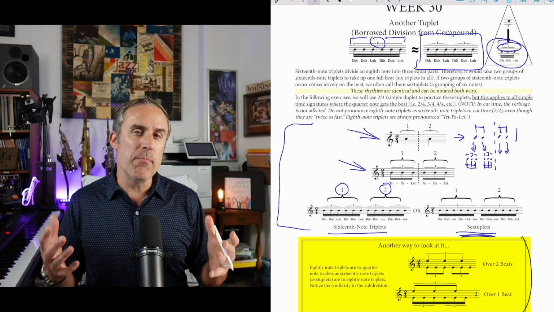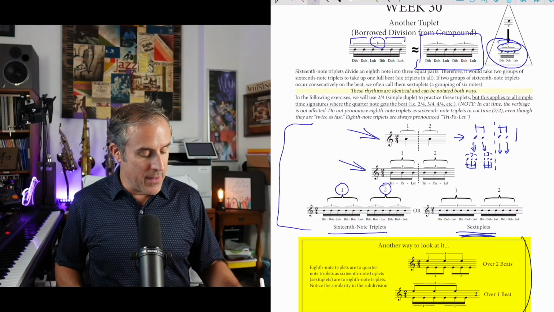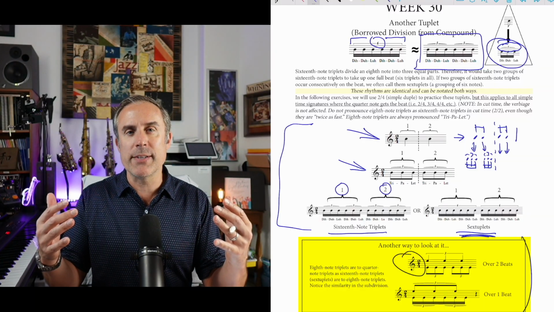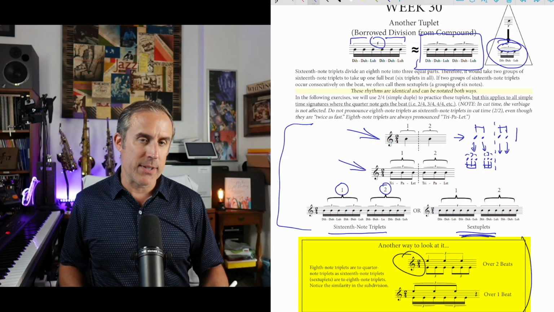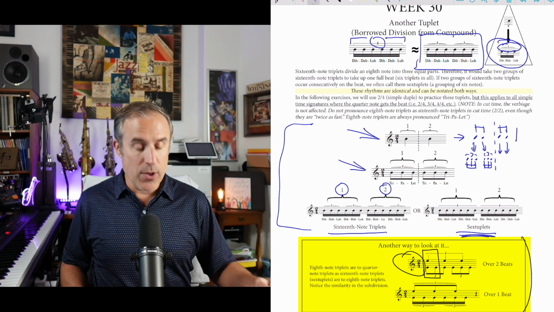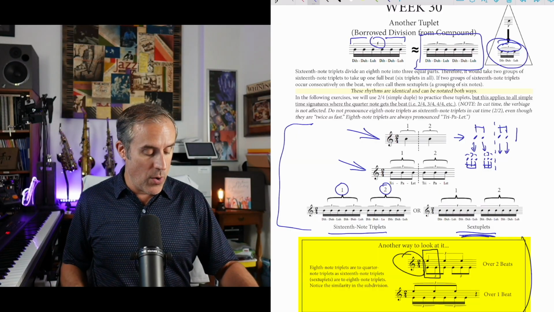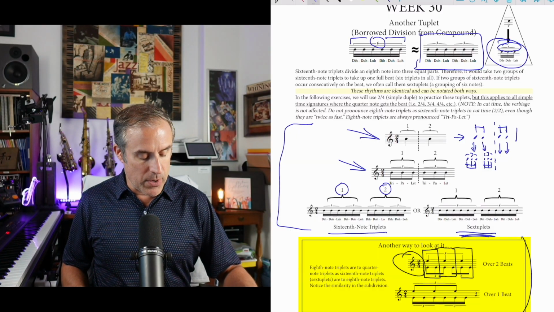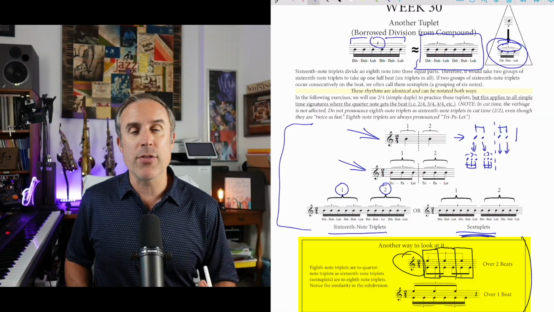I've got another measure here in 2/4. And in the top example, this one right here, I've got quarter note triplets on the top and then eighth note triplets on the bottom. And if we recall from previous weeks, 2 eighth note triplets equals 1 quarter note triplet. So you can see as I box these that every quarter note triplet will equal 2 eighth note triplets.